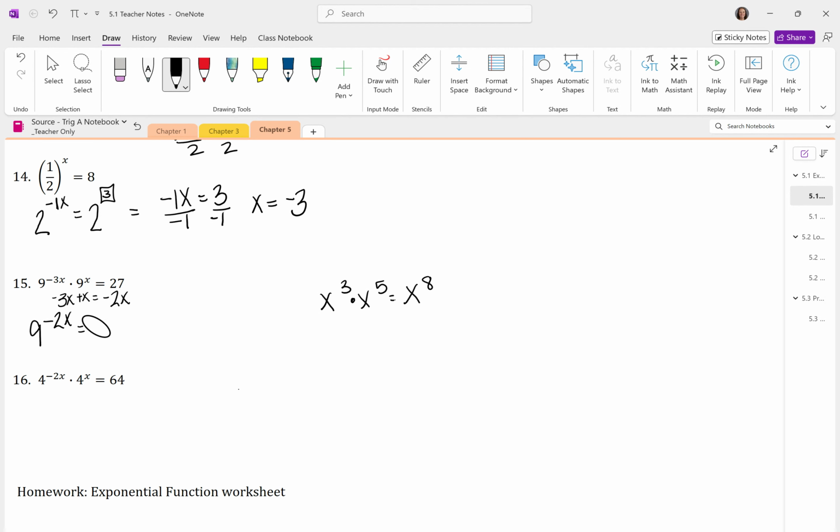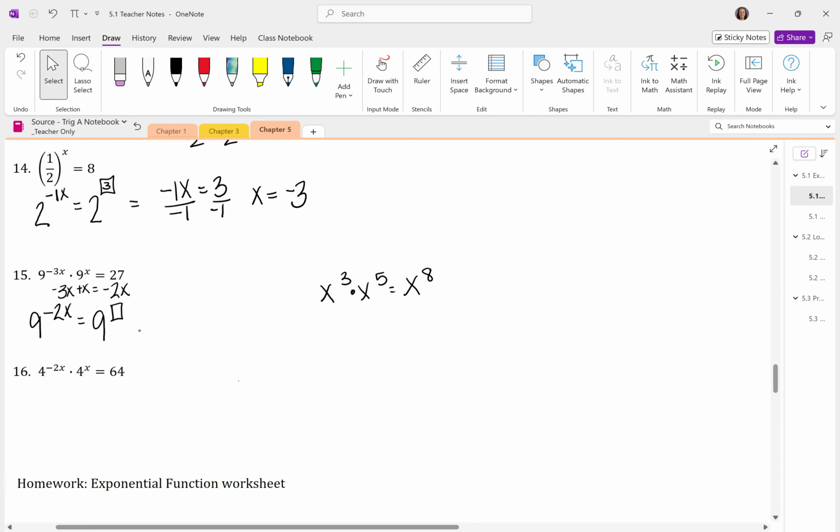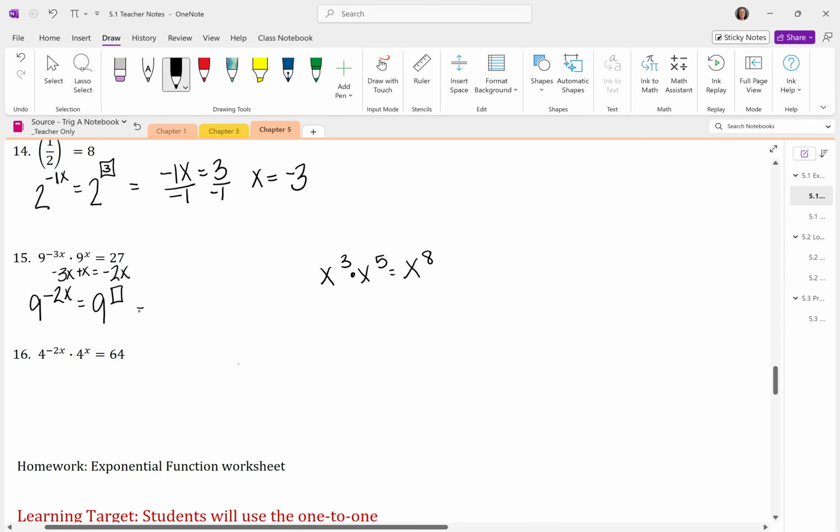9 to the what power gets you 27? Except when you try and think about this, you can't use 9, so you have to change both bases and make it be 3 squared, which gets you 9, and then you can still have that negative 2x, and then 3 to the third gets you 27.